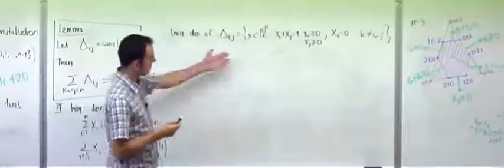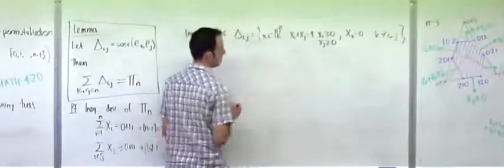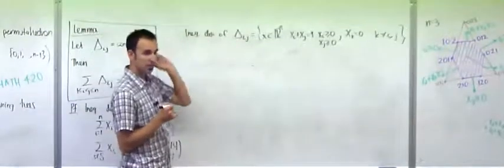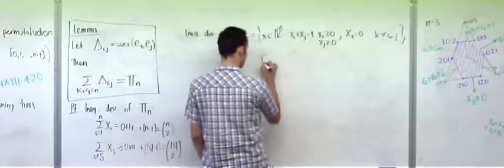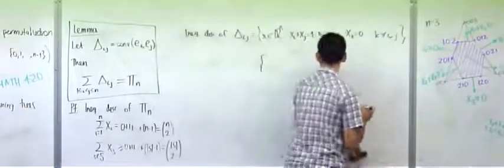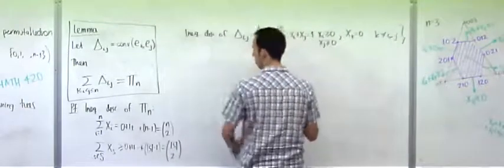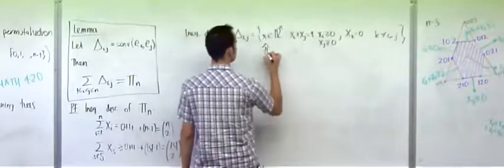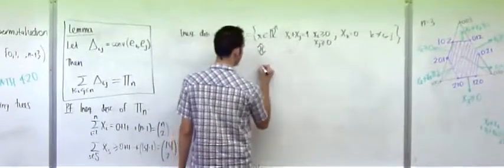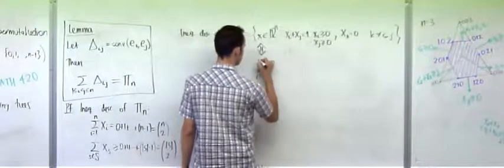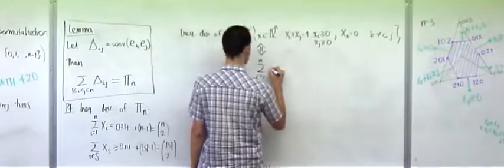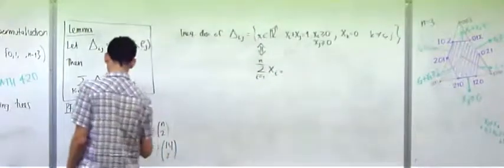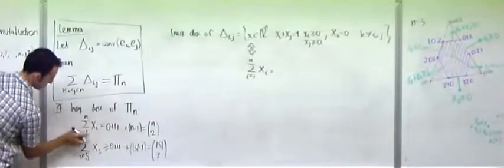So this is the inequality description of delta ij, but I want to write it a little bit differently, because I want to write it like this. Actually, let me use a k here instead of an i.